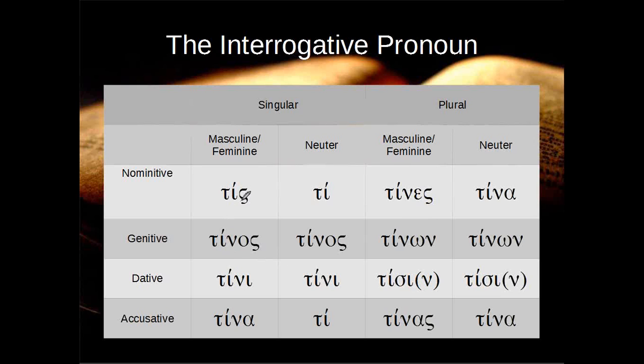Therefore, you're unable to see the full stem in the nominative singular and the dative plural. So the full stem for this word is tau, iota, nu. Tau, iota, nu. That is the full stem.